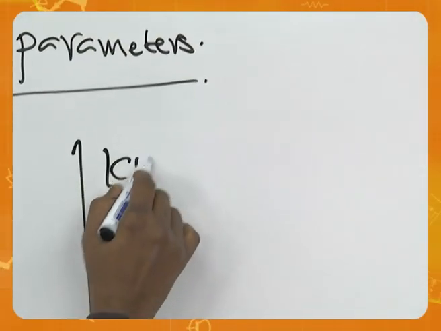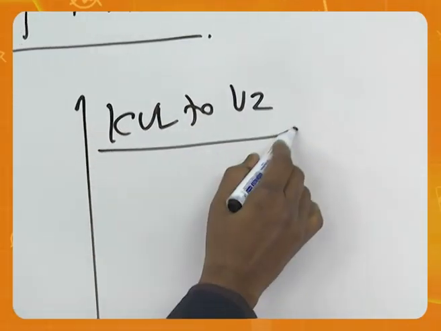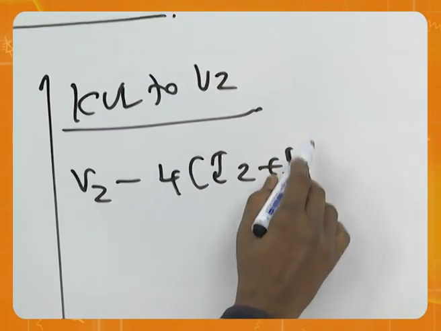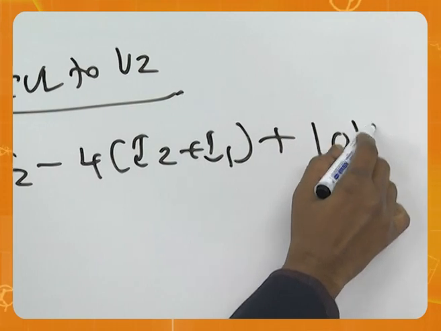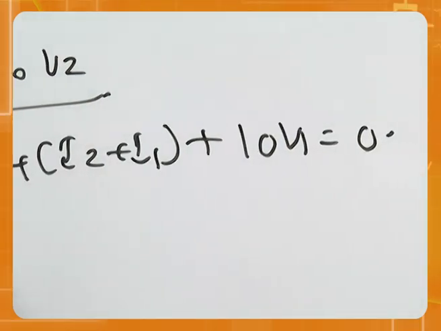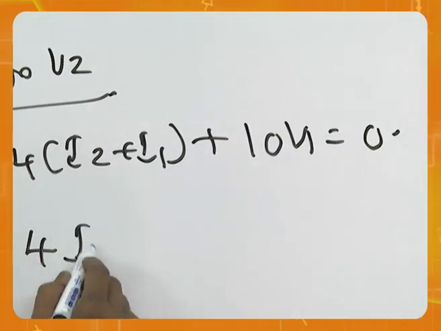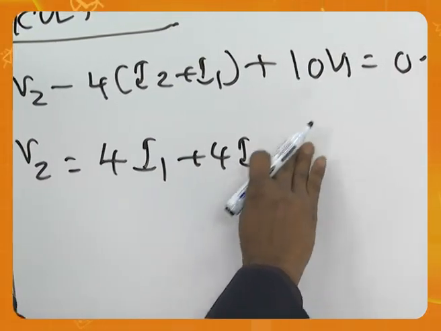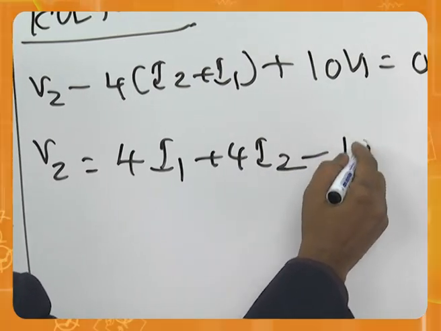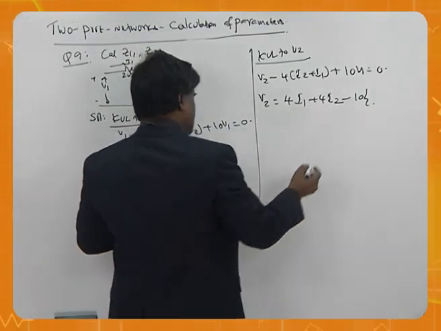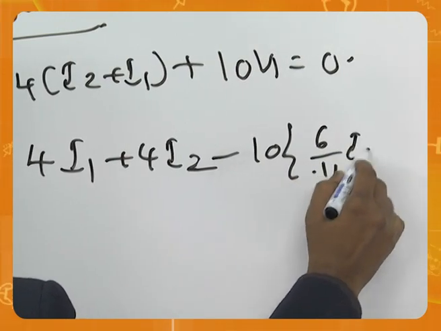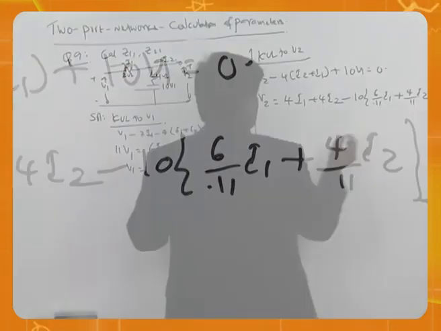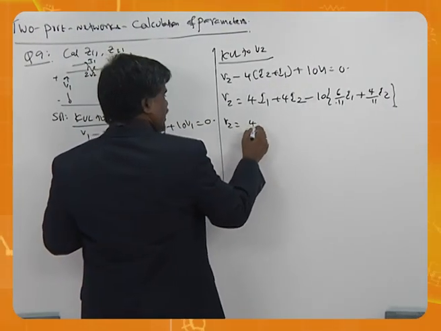For that, I will do KVL for V2: V2 minus 4 into I2 plus I1, plus 10 into V1 equals 0. So 4 I1, 4 I2, minus 10 into V1, which is 6 by 11 I1 plus 4 by 11 I2. Now what you do is take common.